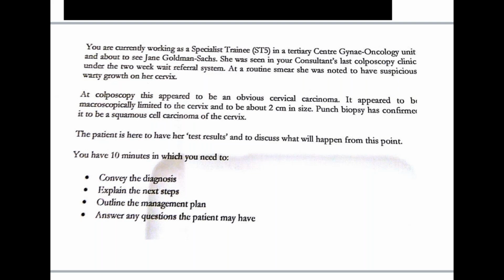In case of cancer cervix or cancer ovary or cancer endometrium, any cancer ever, if the patient is young, what we need to do? Very, very, very important question in the history. I forgot to tell you during the history, which is, what are your plans for future fertility?